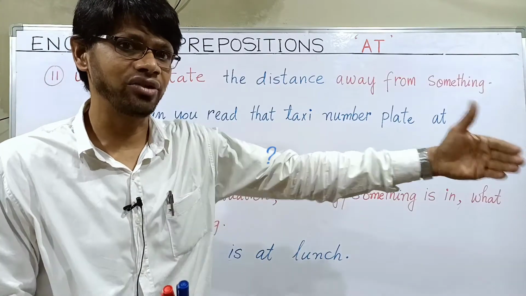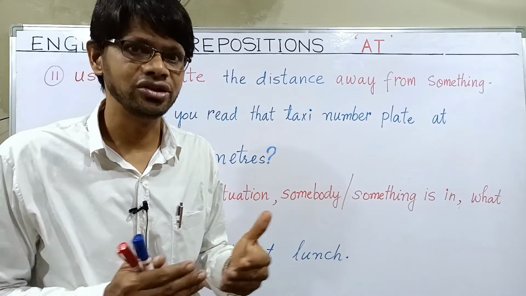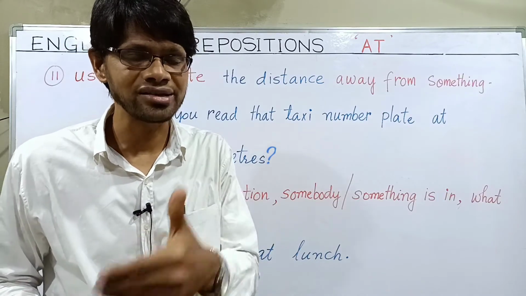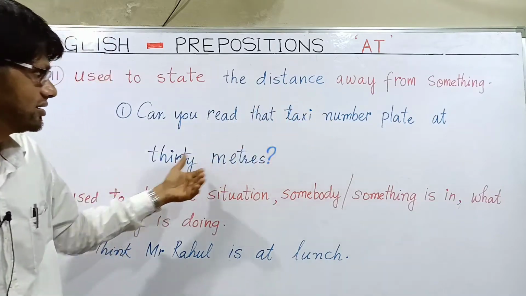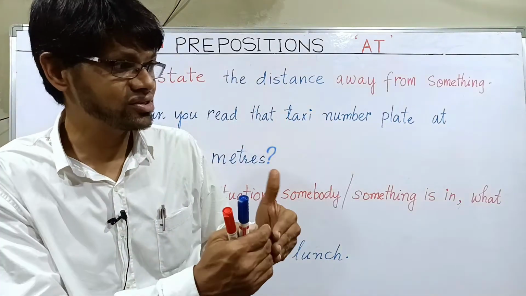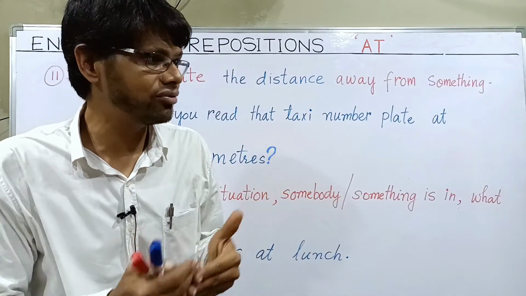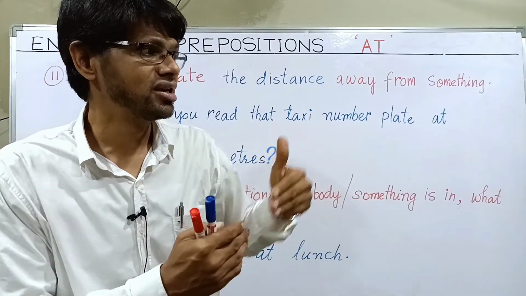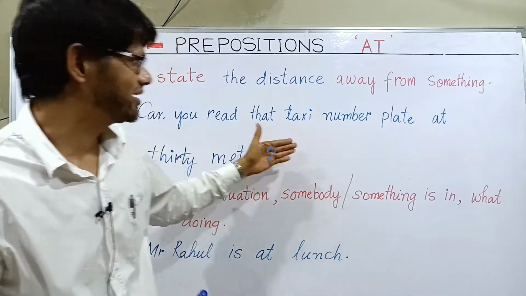The taxi is 30 meters away from you and your friend. Both of you are standing and you ask your friend, can you read that taxi number plate at 30 meters? So this is the distance from you and your friend to the taxi. Okay, this is one example.